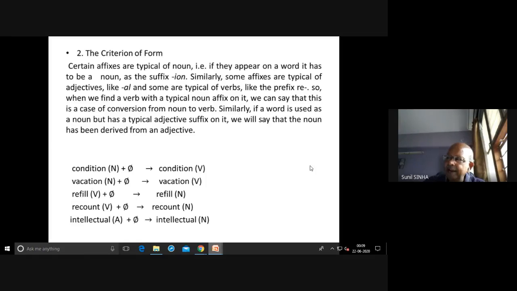So AL is a suffix which can be added only to an adjective. So intellectual, there is AL on intellectual. So basically this is an adjective, and intellectual as a noun has been derived from intellectual as an adjective. It is not the case that intellectual as an adjective has been derived from intellectual as a noun. You cannot reverse the direction. Why? Because intellectual is basically an adjective.